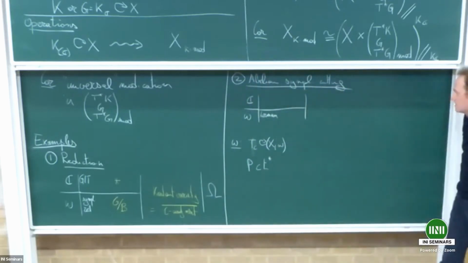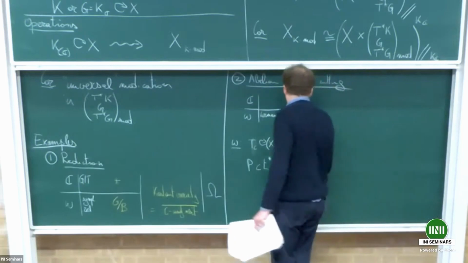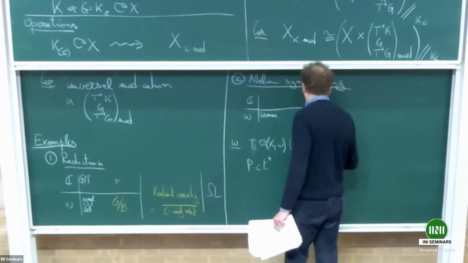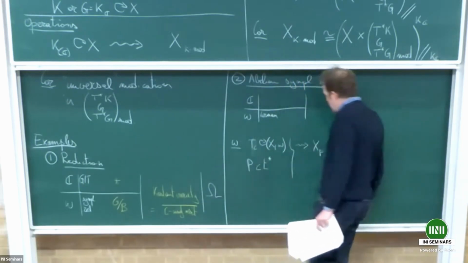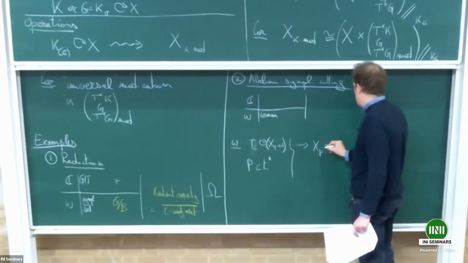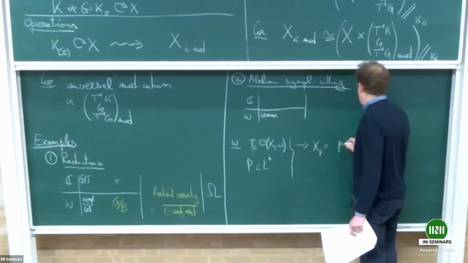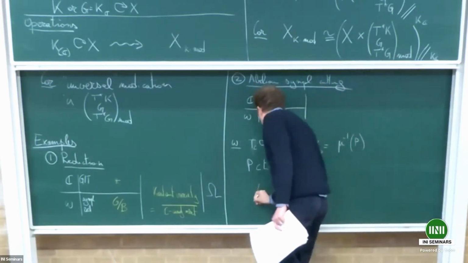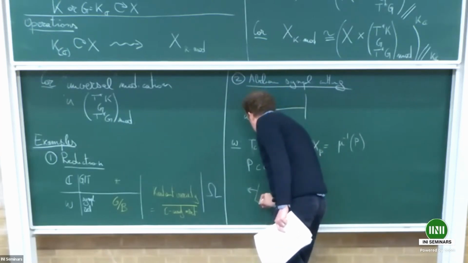Out of this data, we create a cut space, which I'll denote by X with a lower p, which is nothing but the preimage of the moment map of this polytope. So we have some polytope. Actually, it could be a polyhedral set, it doesn't have to be finite.